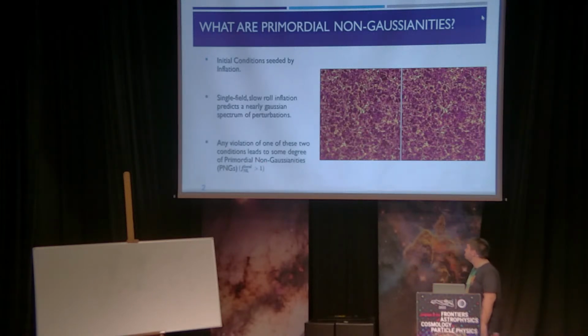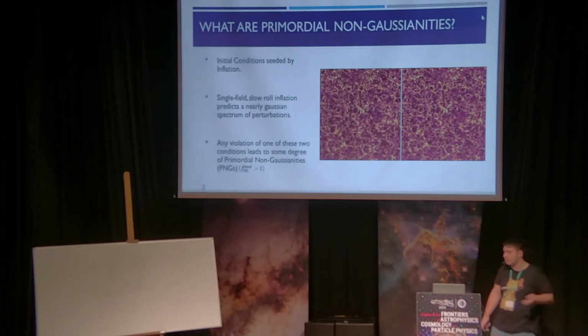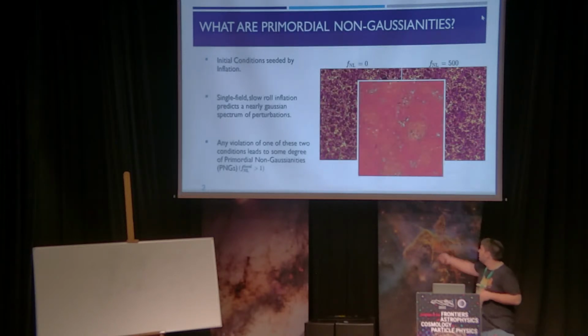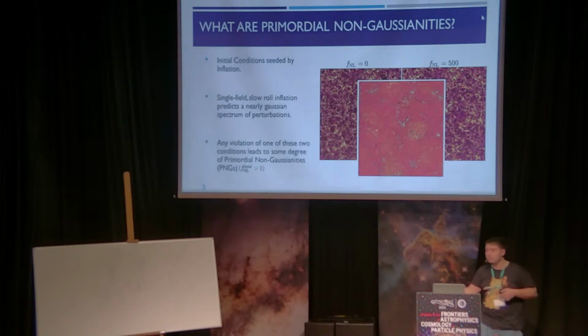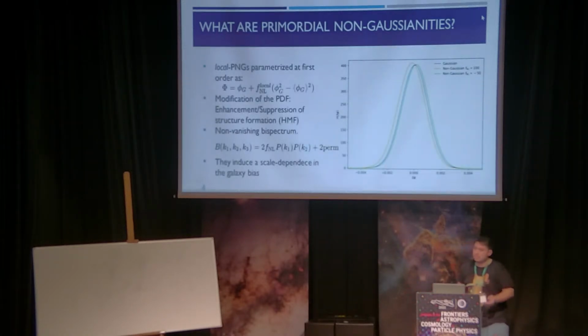So here I show you two simulations, one with Gaussian initial conditions and one with non-Gaussian initial conditions. You can try to guess which one is which. Well, I guess this one was the Gaussian one, and this one is the non-Gaussian one, and here I show you the difference between both density fields. So what are the imprints of this primordial non-Gaussianity?